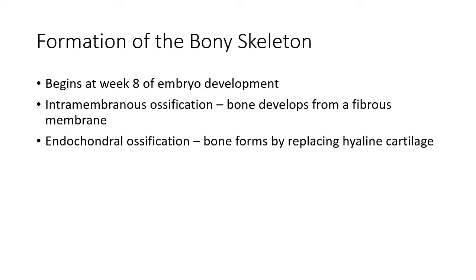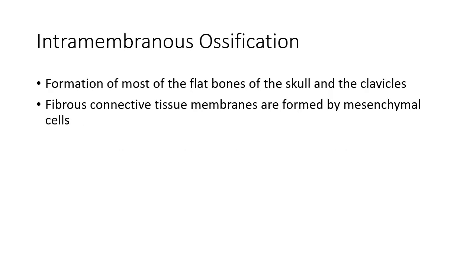And so we're going to have no intermediate steps. We're going to begin with bone itself. And endochondral ossification, as the name implies, involves cartilage. And so we have a cartilaginous base that we're going to begin with, and we're going to start by replacing hyaline cartilage with ossified bone.